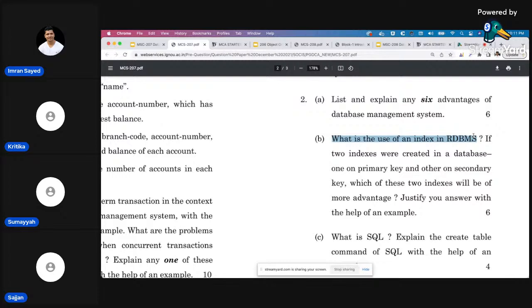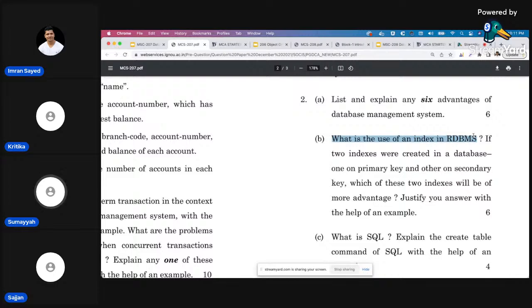Index is used in RDBMS to reduce access time of records. Okay. So give me a couple more points. For example, how is the index created? What all is there in the index? What type of columns are there in the index?